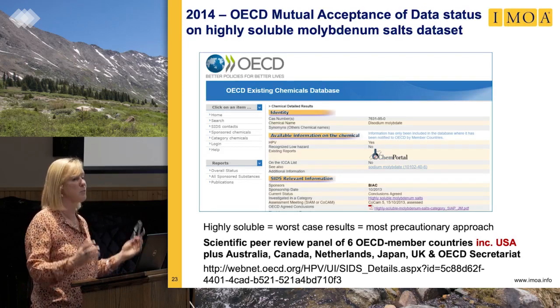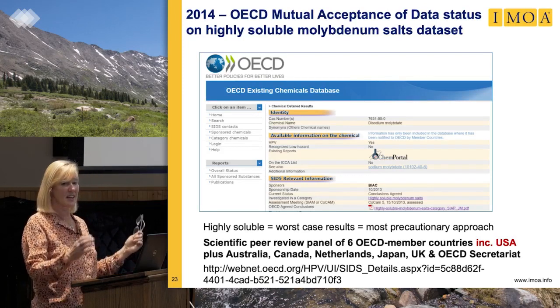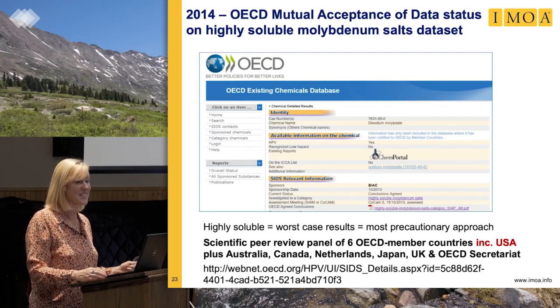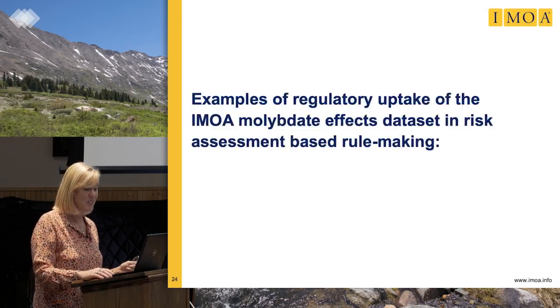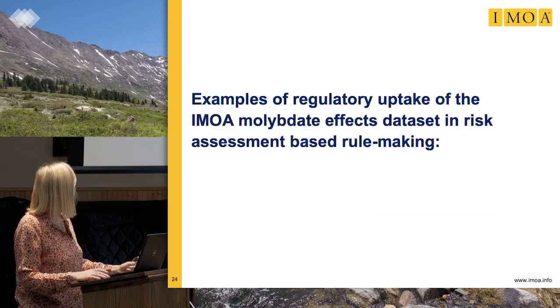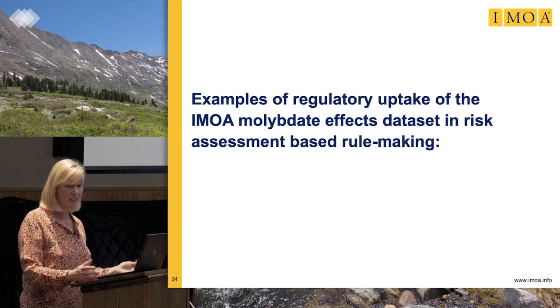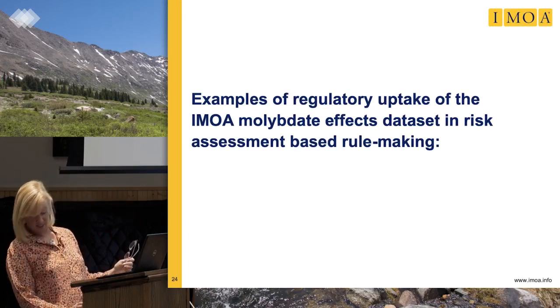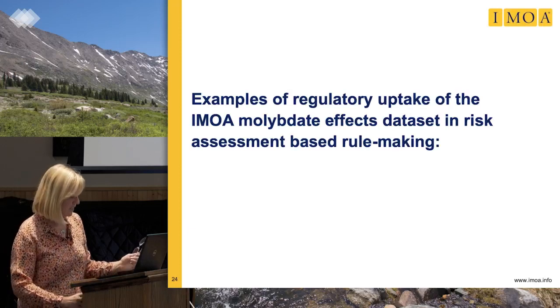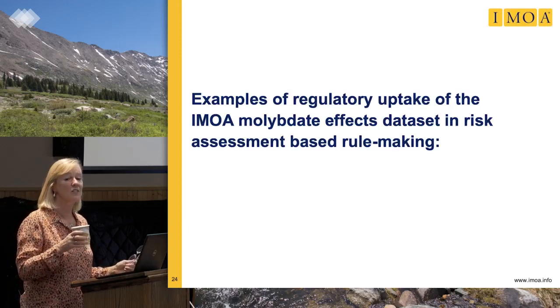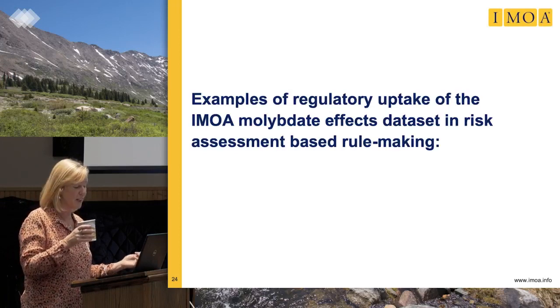We got about 40 pages of questions and 1 month to answer everything. So it was quite an intensive, interesting process to be going through. So I'm going to talk now about a few examples of the regulatory uptake. So you've understood about the data set, the molybdate effects data set, and where has it gone since then? How is it being used by rule makers?